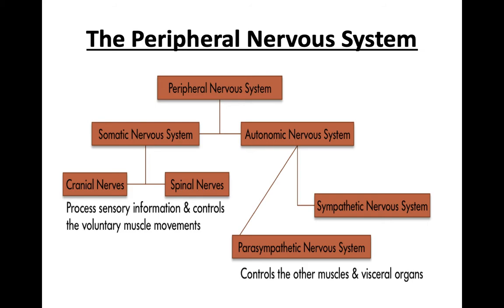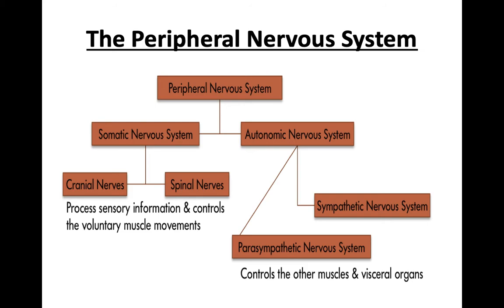So the idea is that we're getting sensory information from our brain, from the cranial nerves. We're also getting sensory information from our fingertips, other parts of our body, our skin, because we're touching stuff. It's traveling through these nerves as a part of our somatic nervous system, and then we're making voluntary decisions.